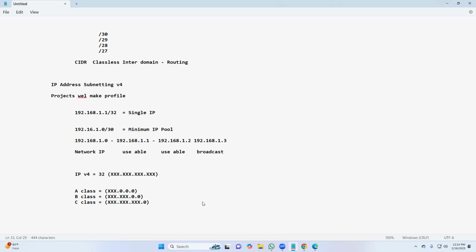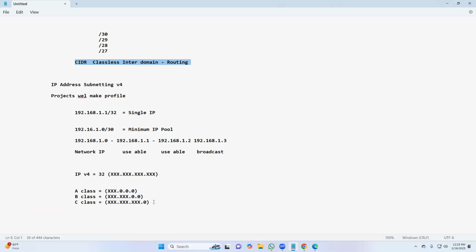So right now we mostly use A, B, and C classes, 99%, but we also use CIDR. CIDR means different IP formats, but this is basically an advanced technique.